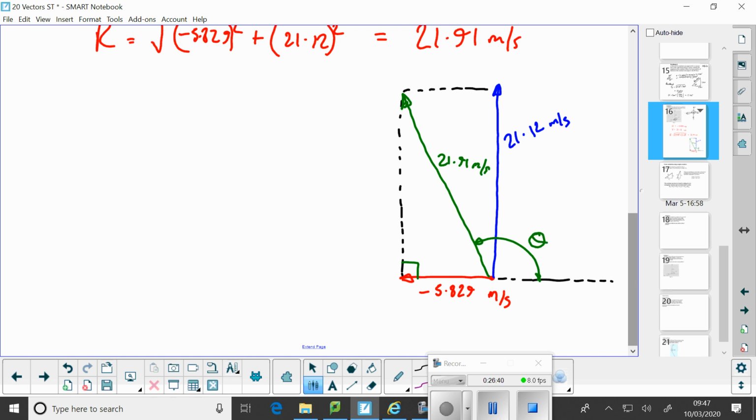But when we do our trigonometry, we're going to find this angle, called alpha.